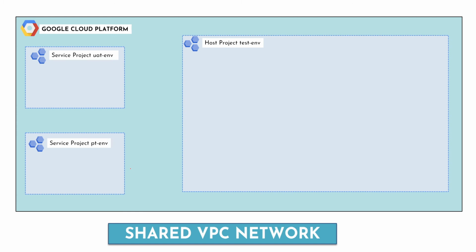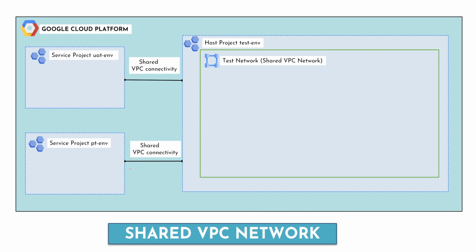A shared VPC admin for the organization has created a host project and attached the service projects to it. There is shared VPC connectivity between these projects. Eligible resources from a service project can use subnets in the shared VPC network. Service project UAT-env can be configured to access all or some of the subnets in the shared VPC.